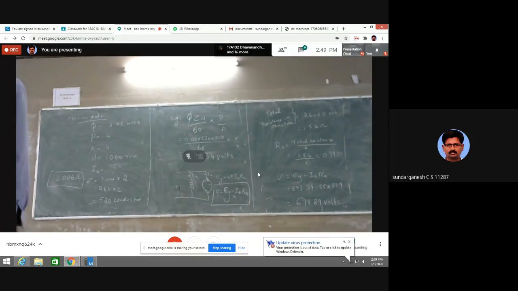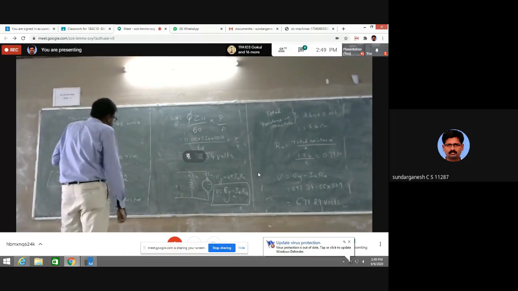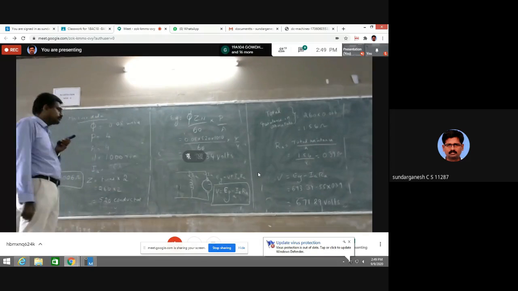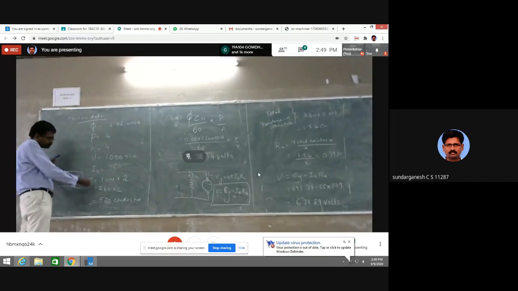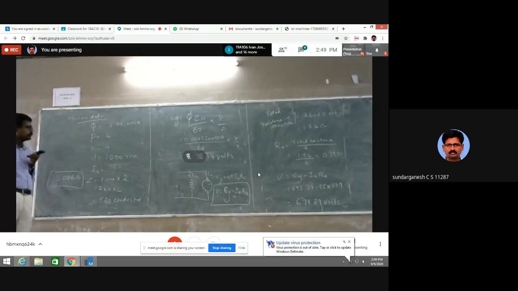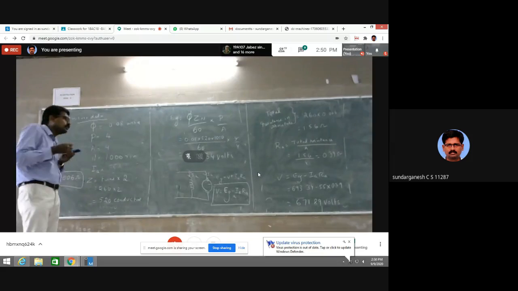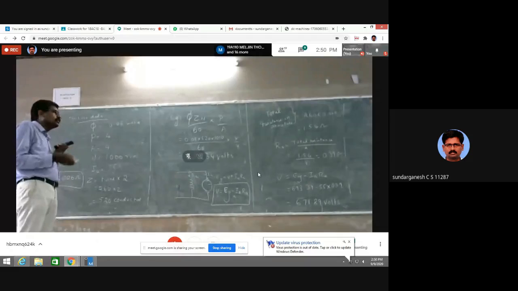Is there any doubt so far? These things you have to memorize only. Number of conductors is turns into 2. If we want to find the total resistance, you have to multiply the total number of turns into the corresponding resistance per turn.